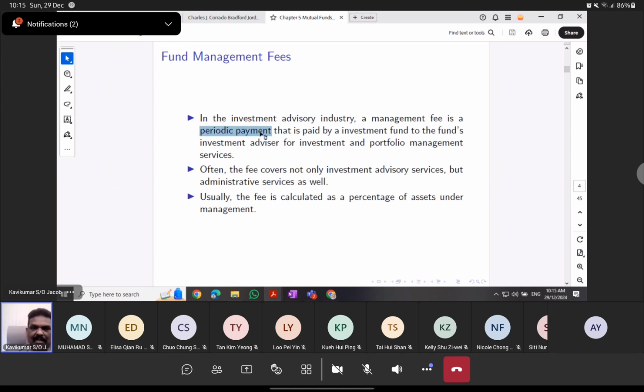The periodic payment is mostly yearly, or some semi-annual, meaning yearly twice, or quarterly, yearly three times. But I don't think it is a monthly payment. Mostly they prefer yearly ones.